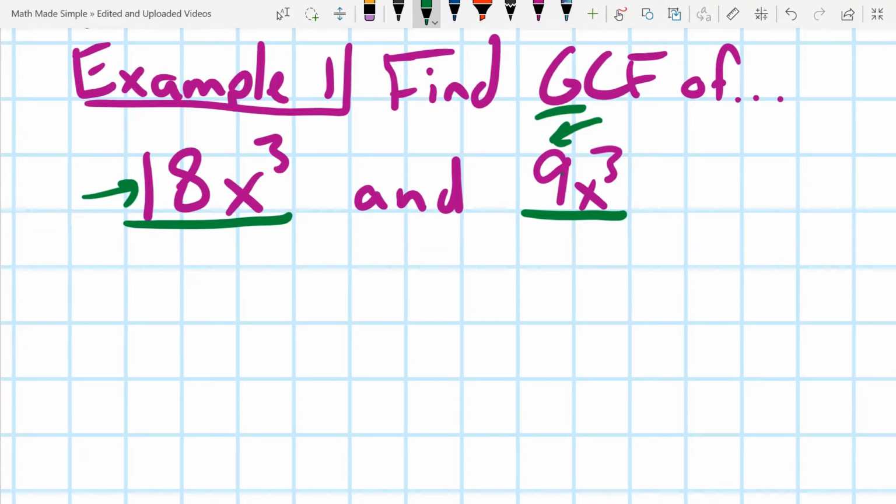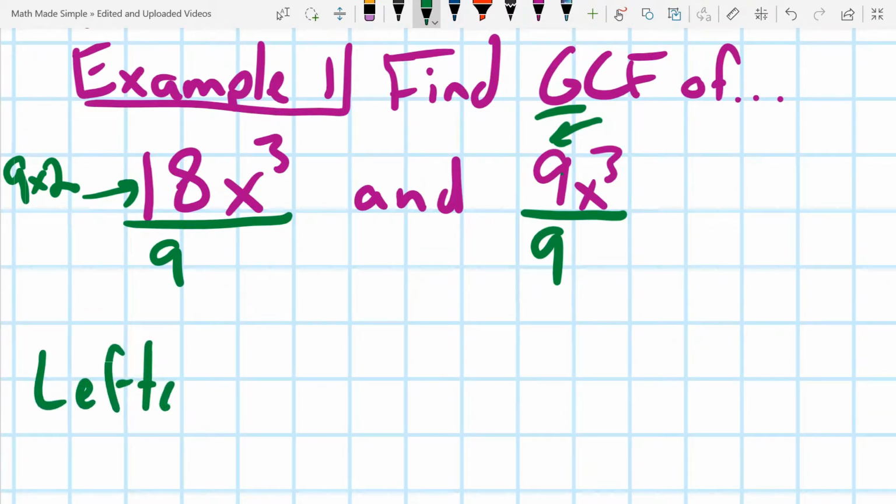And I can tell that this one is going to be 9 because 9 times 2 equals 18. And so if we divide both of them by 9, we'd end up with leftovers. After we divide, we'd end up with a 2 because 18 divided by 9 is 2, and 9 divided by 9 is 1.